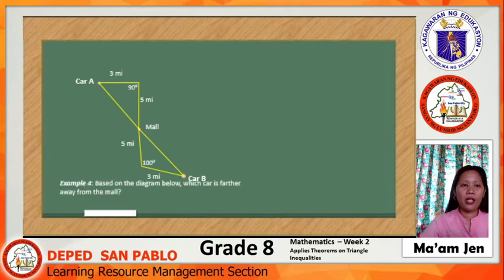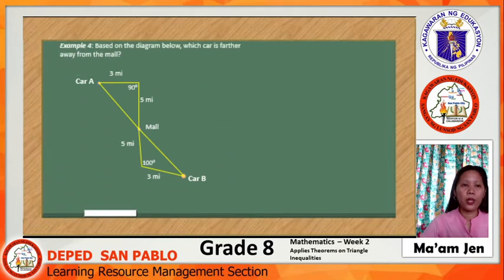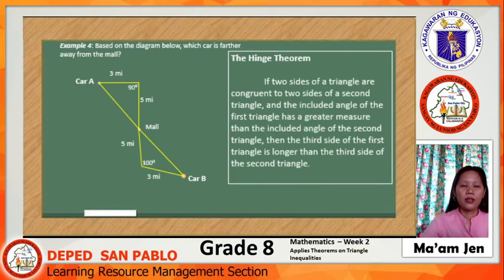Let's have another example. Example number 4. Based on the diagram below, which car is farther away from the mall? Here we have the mall, car A and car B. We will apply here the hinge theorem.